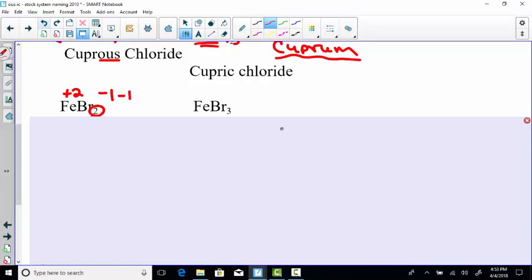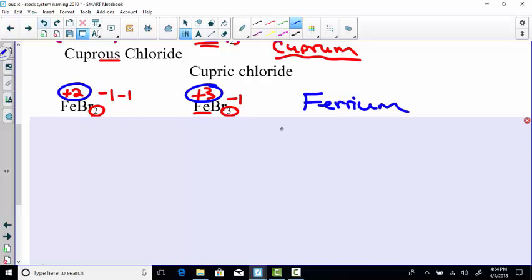And then this Fe here, since Br is still -1 and I have 3 of those, that's a +3. So if I look at my periodic table, I can see that +2 is the lower charge, +3 is the higher charge, and it would help if I knew that the Latin name of iron is ferrium.